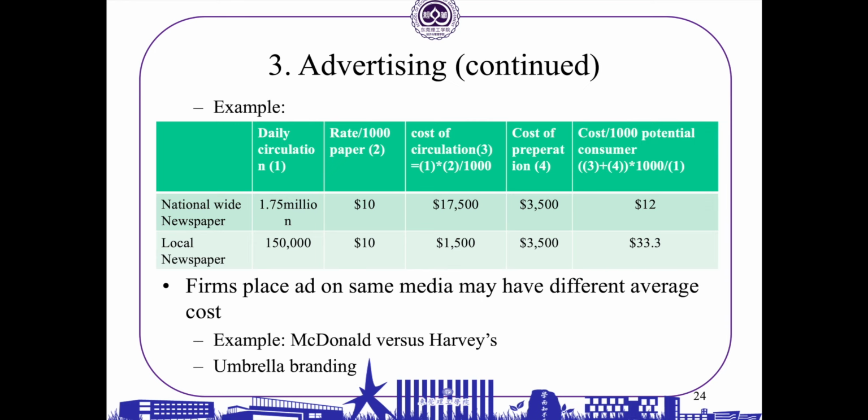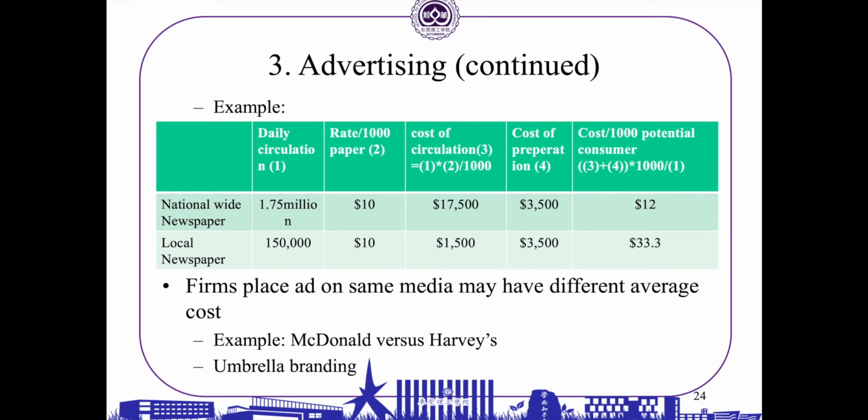Suppose the rate is the same for the two papers, say $10 per 1,000 papers. The national paper has 1.75 million daily circulation, and the local paper has 150,000 papers per day. The cost to place an ad is $10 times 1.75 million divided by 1,000, which is $17,500 for the national paper, and $1,500 for the local paper.